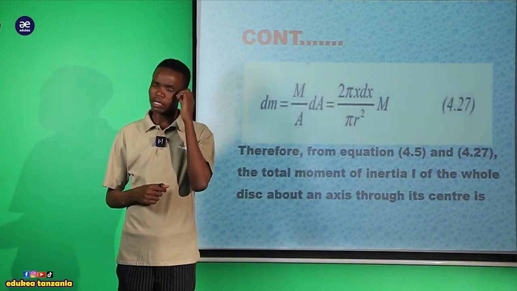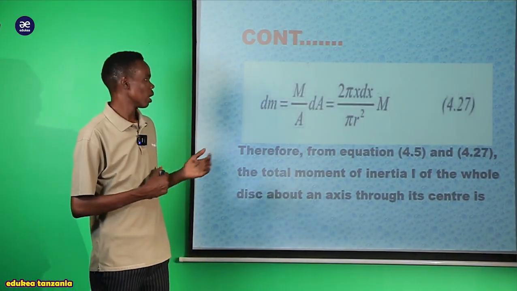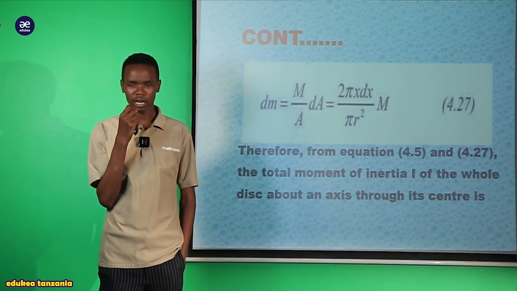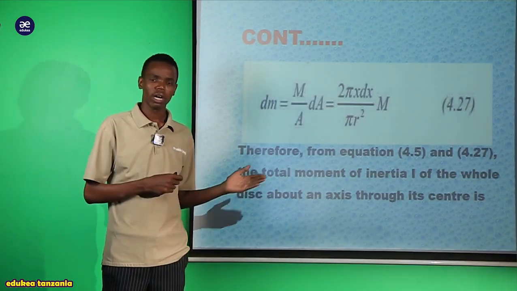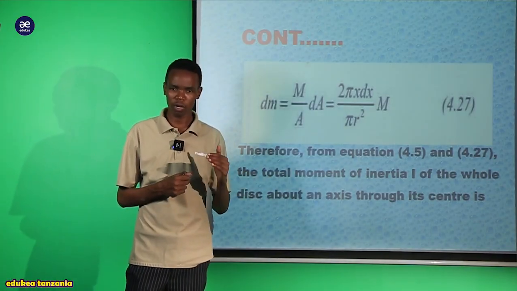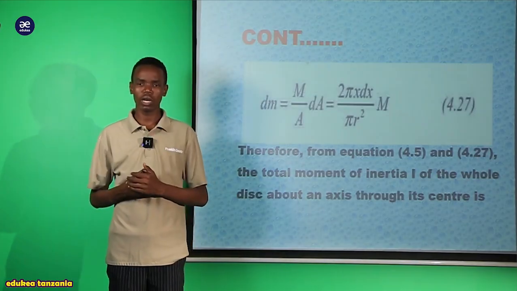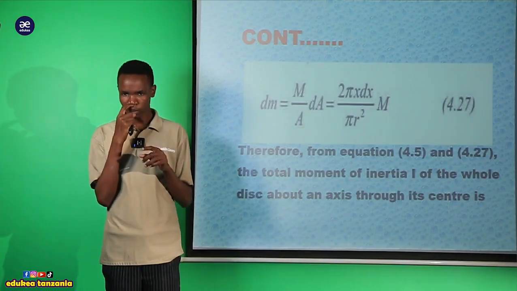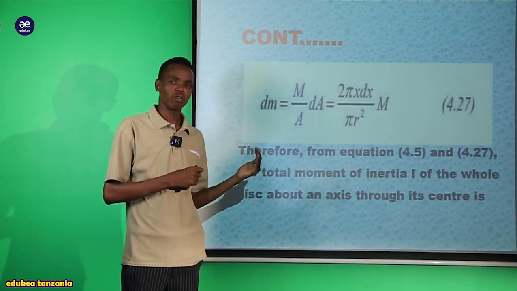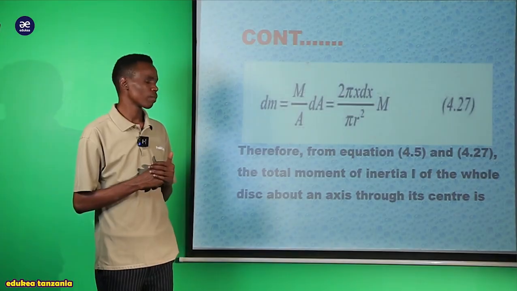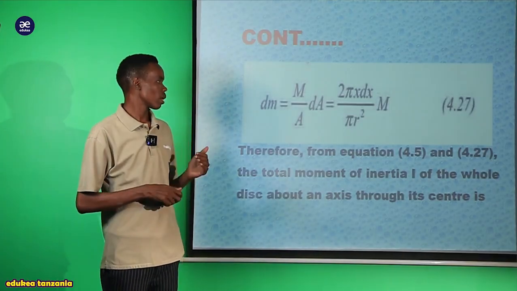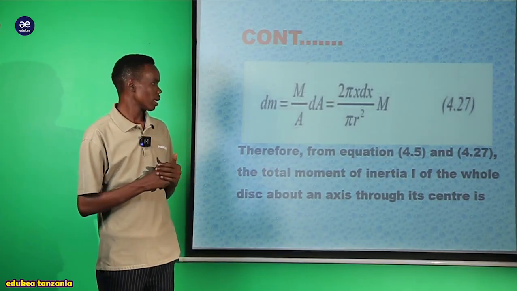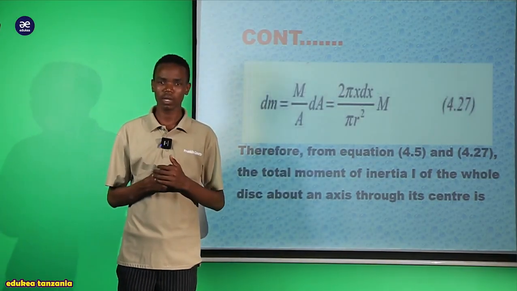Now we should represent our equation number 26 by making dm the subject. Initially we had the formula dm over dA equals m divided by A. Now we are supposed to make dm the subject, the small change of the mass. If we make it the subject here, we should obtain that dm must be equal to m divided by A, then we multiply it by dA.